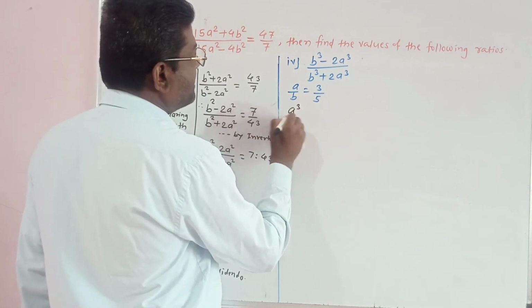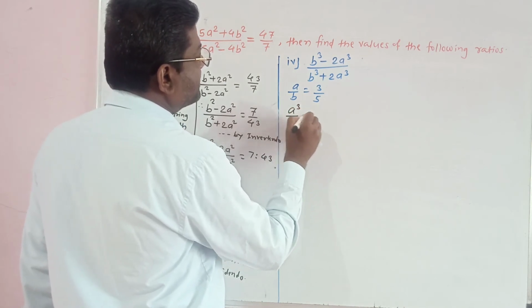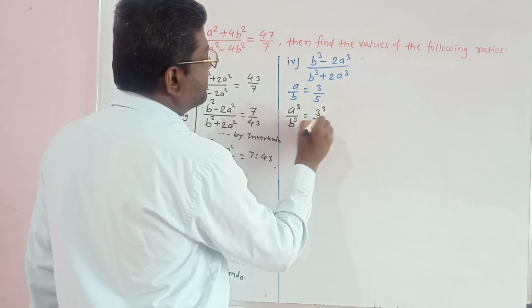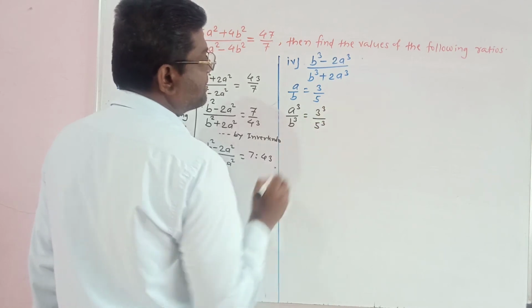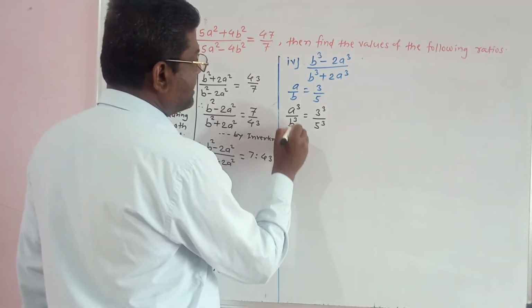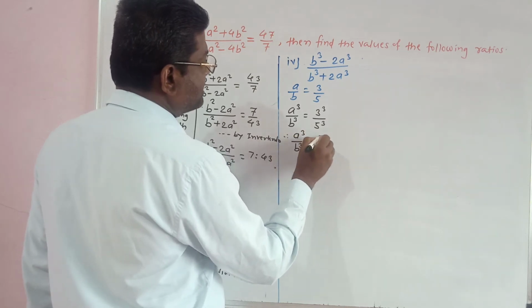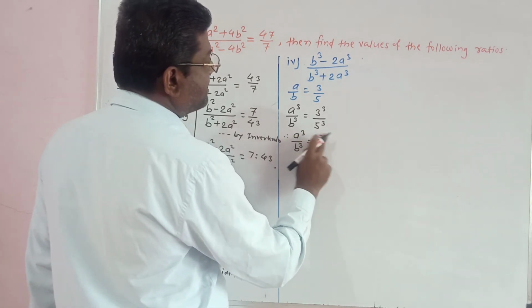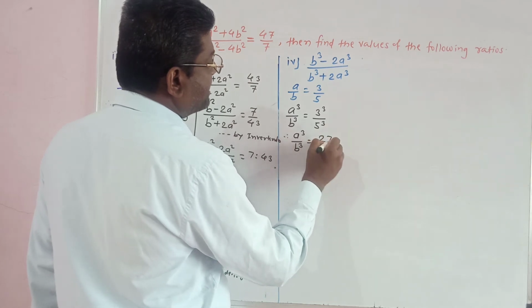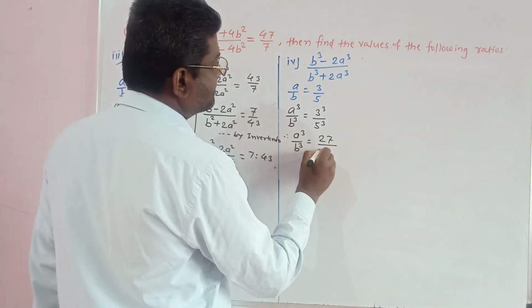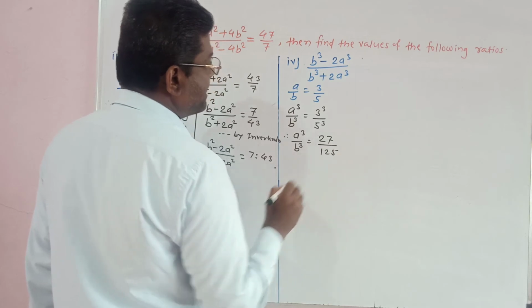Therefore a cube upon b cube is equal to 3 cube upon 5 cube. Therefore a cube upon b cube is equal to 27 upon 125, since 3 cube is 27 and 5 cube is 125.